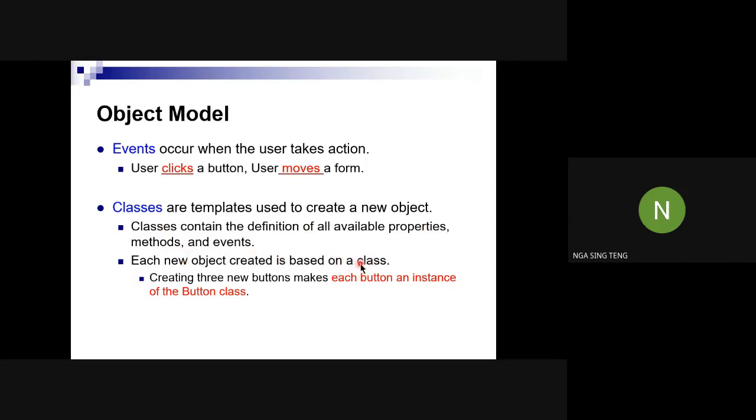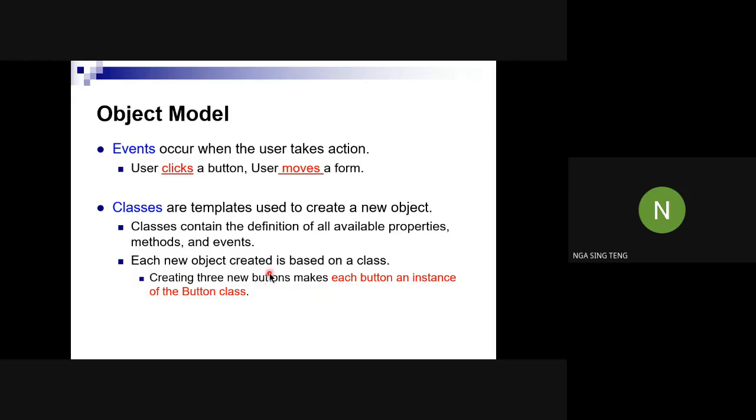Did you notice? One class, many objects. You can have more than one object, but one object falls under one class. Creating 3 buttons makes each button an instance of the button class, which means this button class has 3 objects: button 1, button 2, button 3. You can rename the buttons.